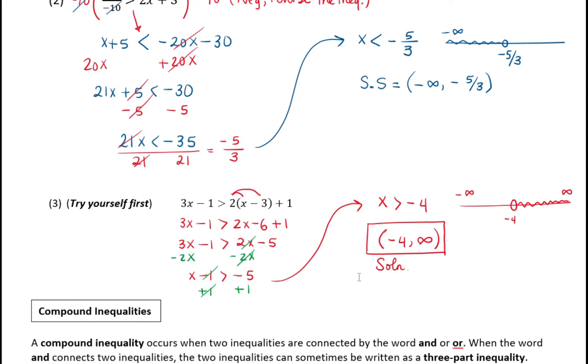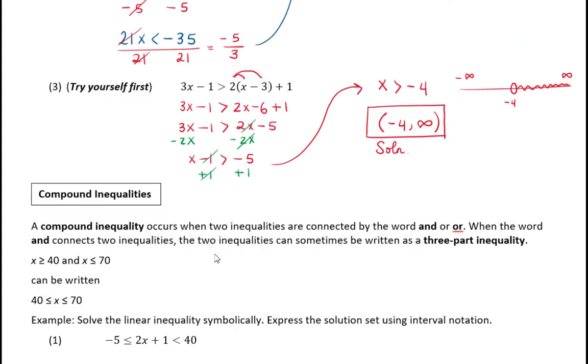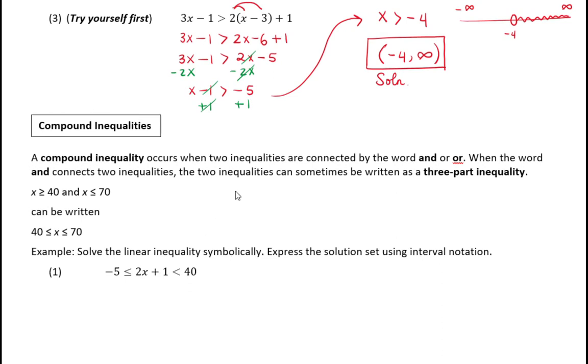Okay, so let's next go into compound inequalities. In a compound inequality, you have the word and or or, but we're really going to stick with the simplest one. So you have 3 parts in an inequality, and you work it in the same way.